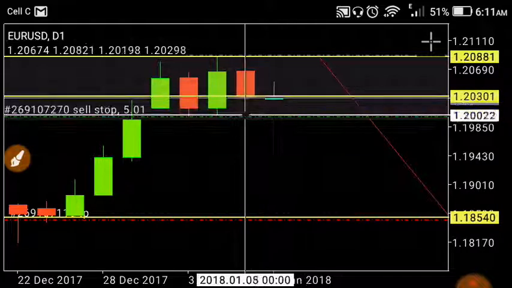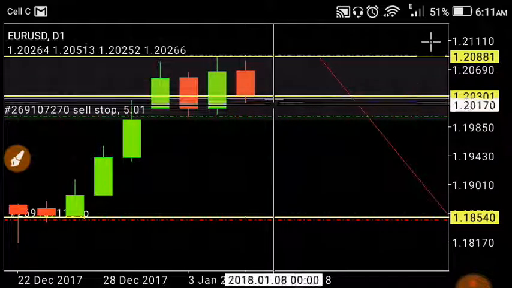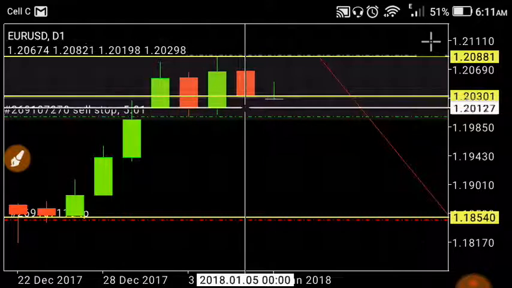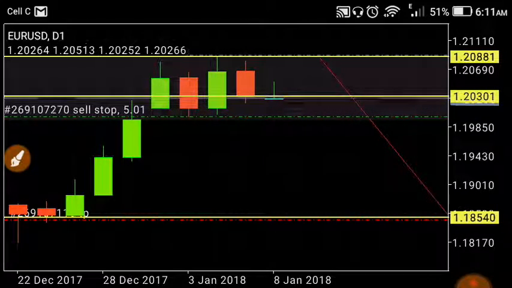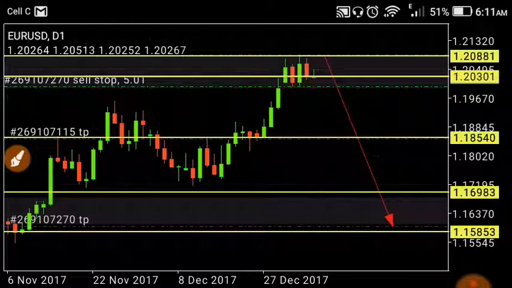So as you can see, today it actually tried moving upwards, but it seems like it's gonna start falling soon enough. So it's close to completing our formation, so we'll be looking for that downwards movement.